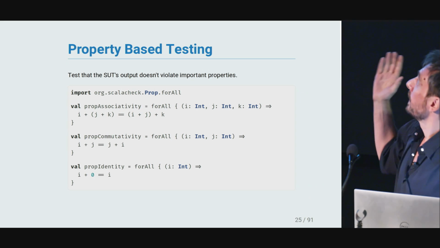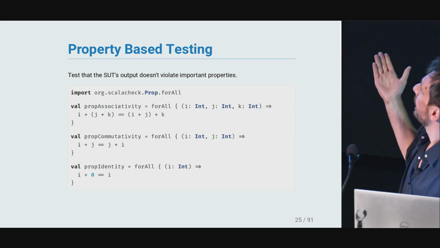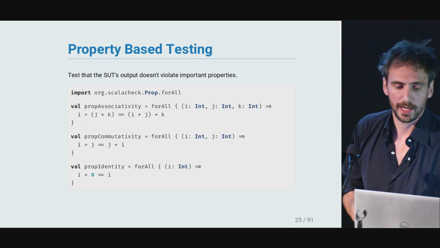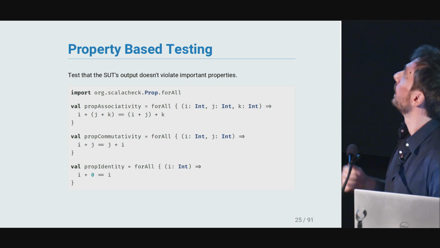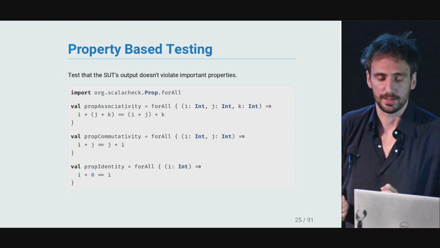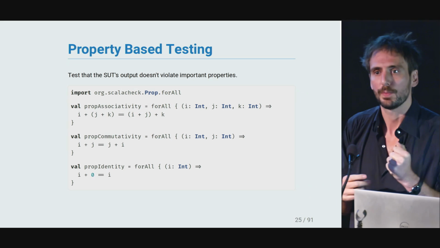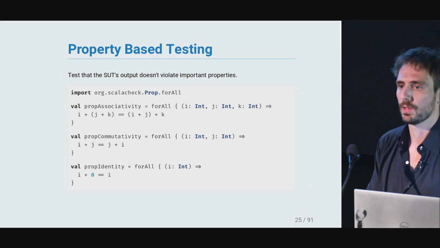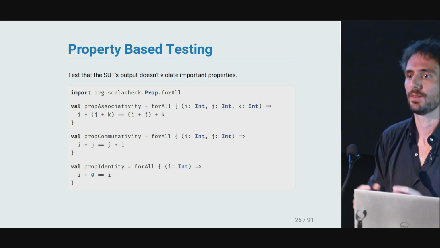Right, so property-based testing, the principle is that you make sure that your system under test doesn't violate important properties. It is a bit weird because you don't actually check the output. You check whether the output is valid, not that it's correct.